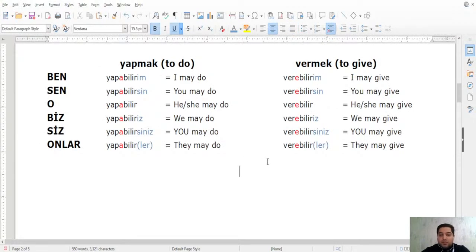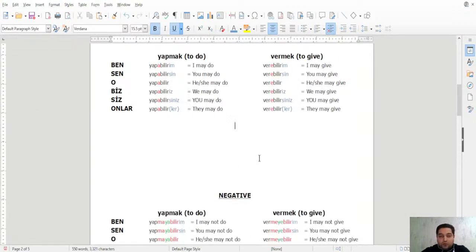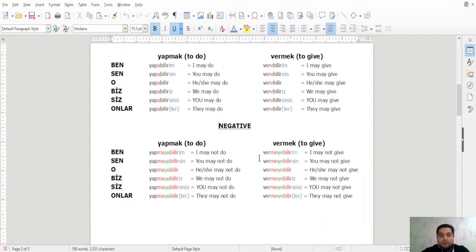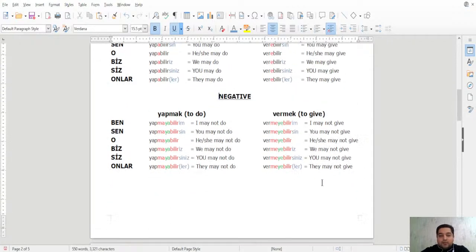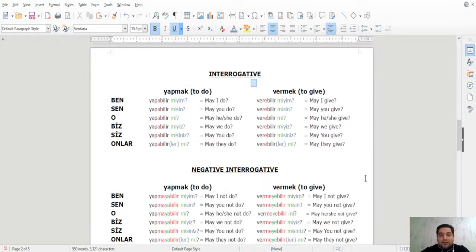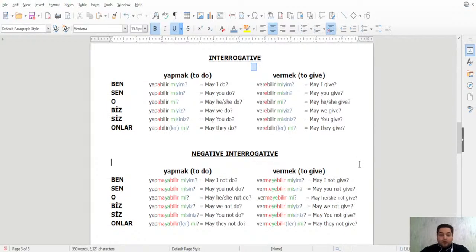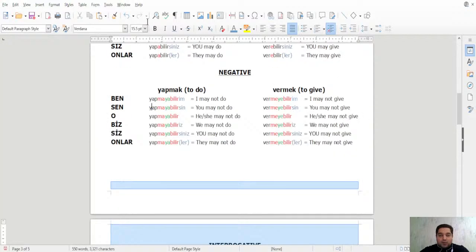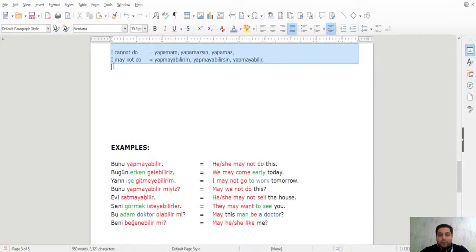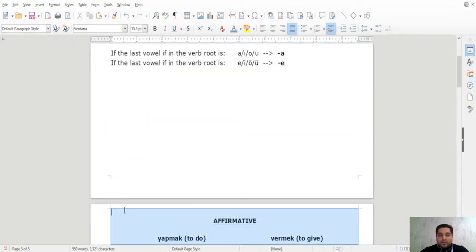Affirmative, negative, then you have interrogative and negative interrogative. So for all the possibility, permission, and request, you use these four things. Sorry, it's going very fast.